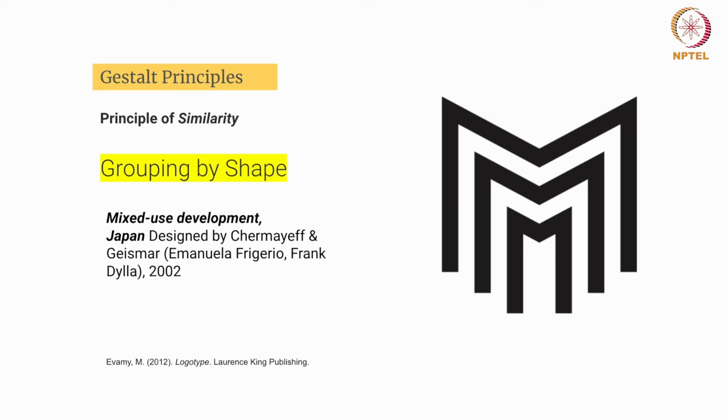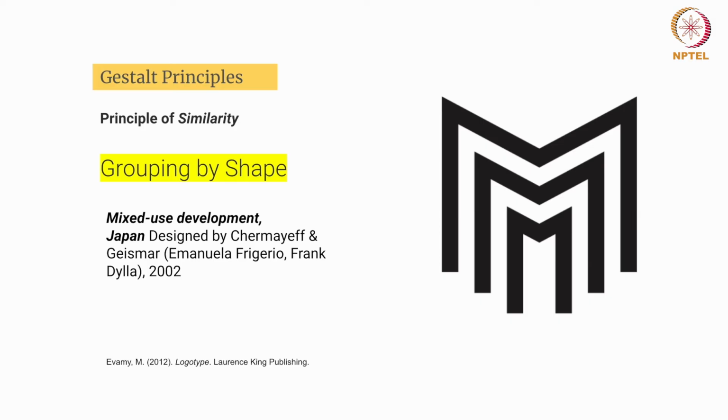The M has been grouped as a whole, and there are 3 alphabets of M. This is a mixed use development organization in Japan, designed by Chair Mayev and Gizmar in 2022.